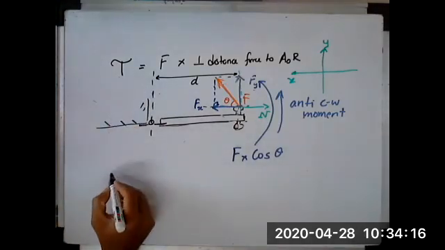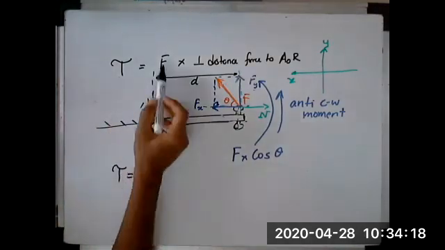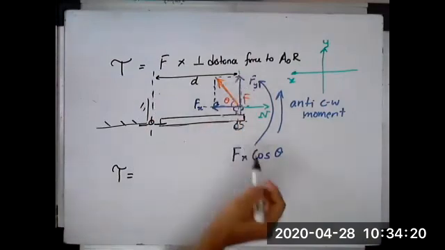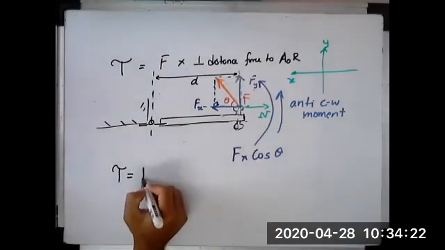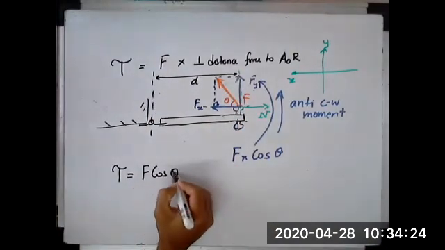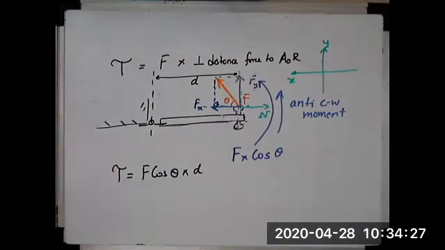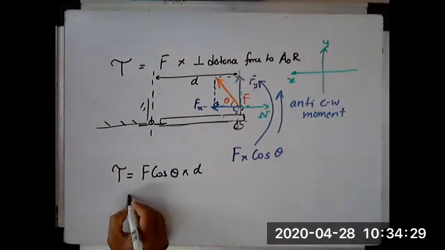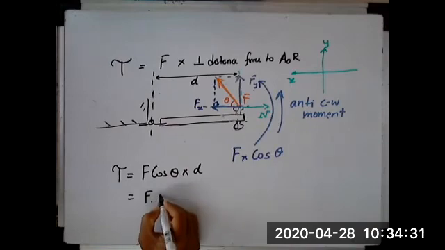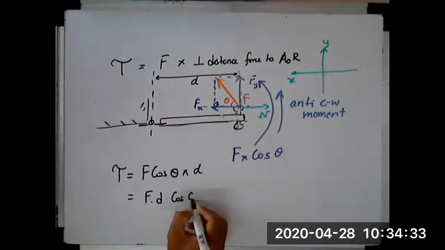But now you can write the torque as the force which is causing the rotation, F cos theta, times d, which is usually written in the form F times d cos theta.